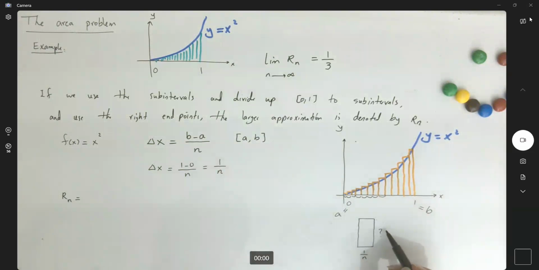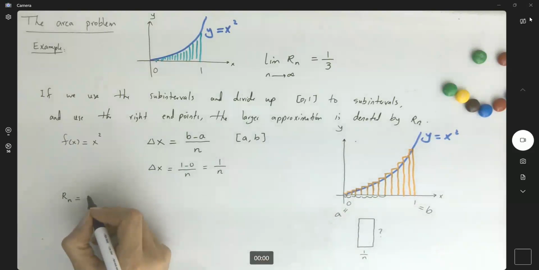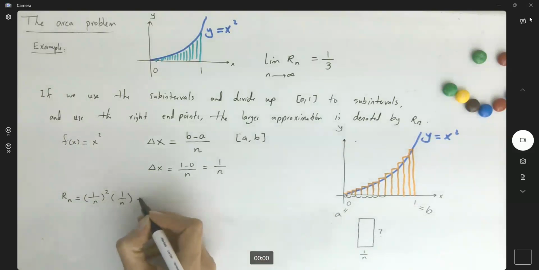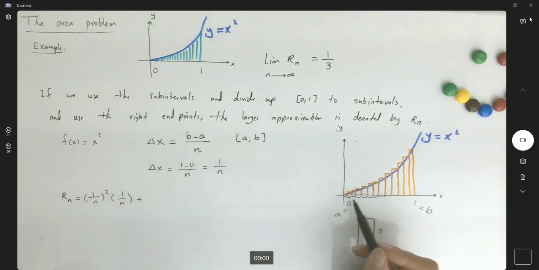Well, to find the height, you're going to use the right endpoints. So here you have 1 over n to the second power times the length, 1 over n, plus. What about the second endpoint? It's going to be 2 over n.